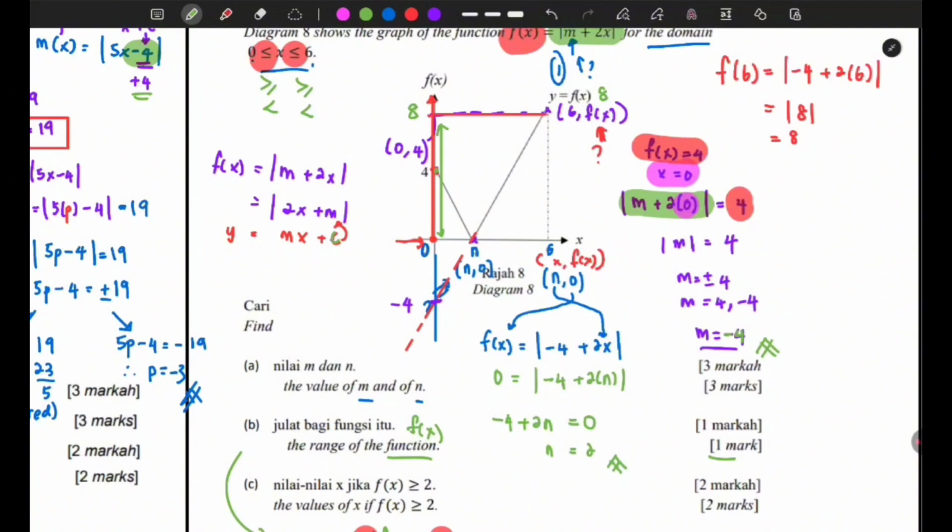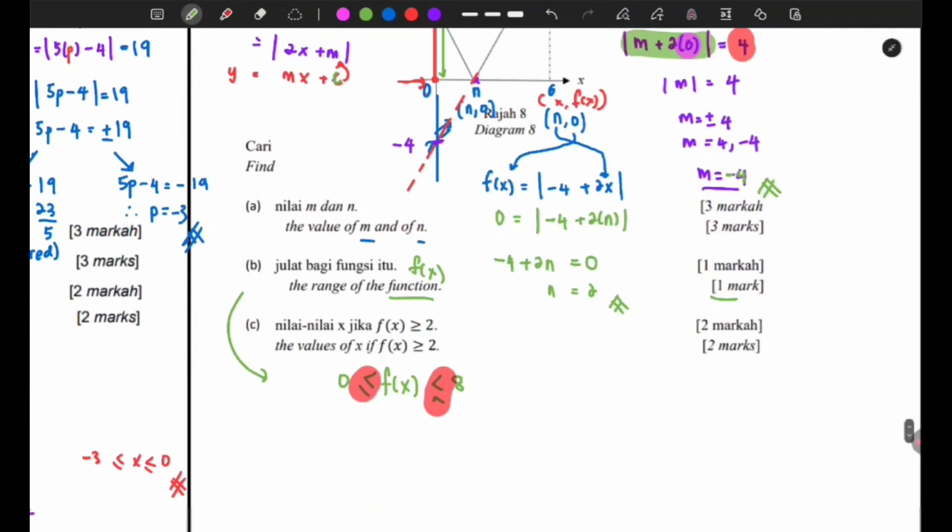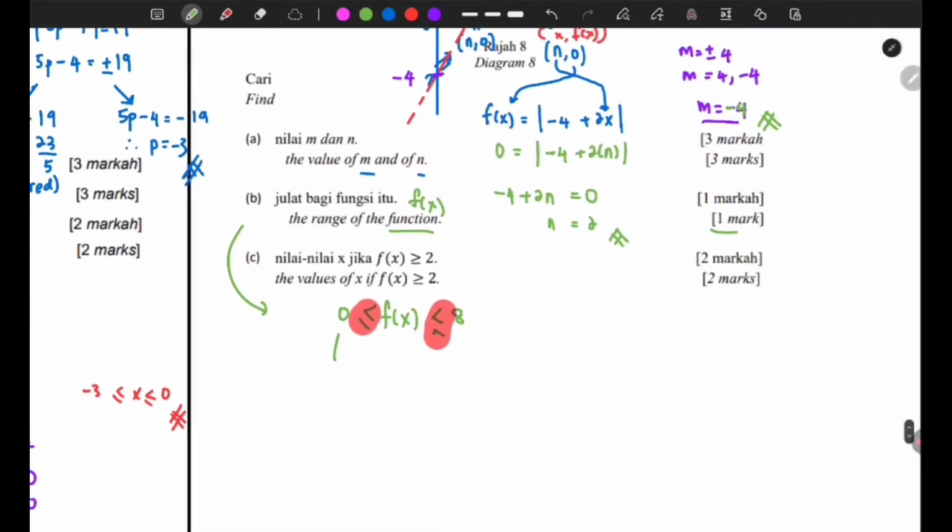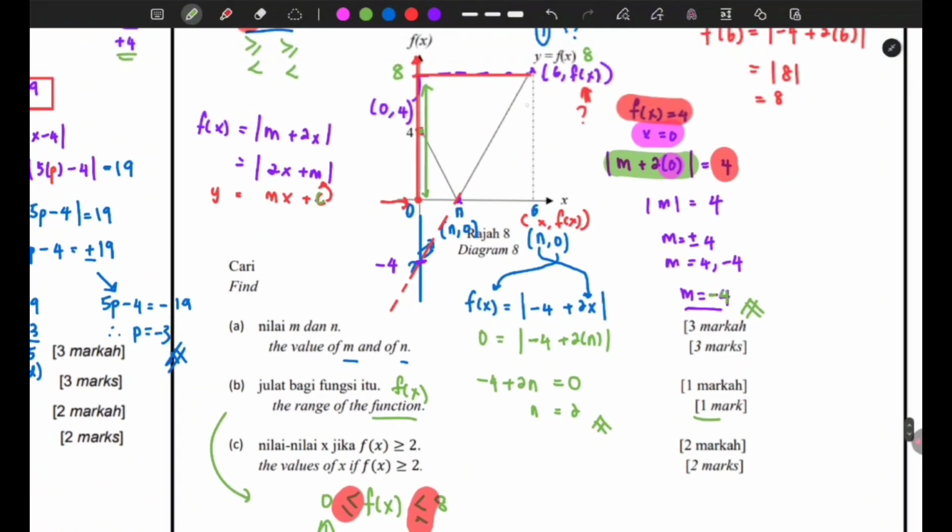You cannot have negative, because 0 and above is only positive, and below 0 is all negative. So the minimum of the range should always be 0. For the maximum, look at where the longest line goes until, and then you find the fx. That's how you find the range.